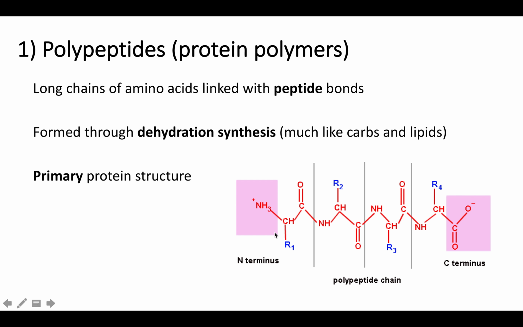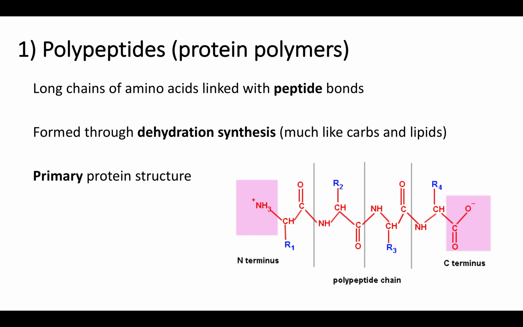You can kind of see it here. The OH that would be attached here was removed, and the other H that would be attached here was removed. Instead, we form a bond between the 2 amino acids, and that bond is a peptide bond. You can see that all the way through. I really recommend you check out the protein packet to solidify this concept. There's also extra practice on Schoology.